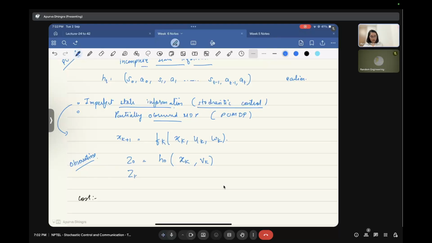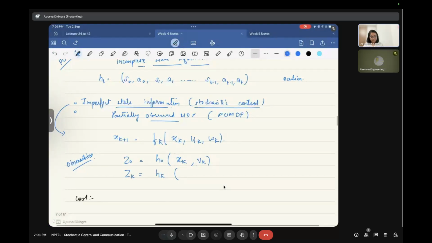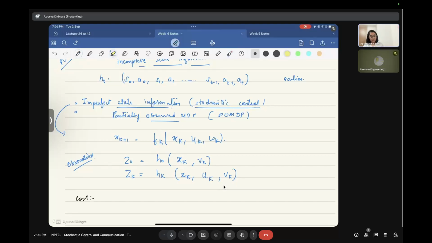Similarly, zk would depend on the true state, this noise, and the action taken. Here all these three things are noise terms.